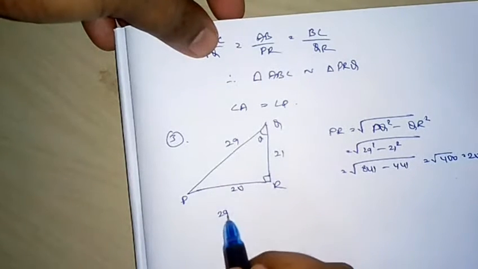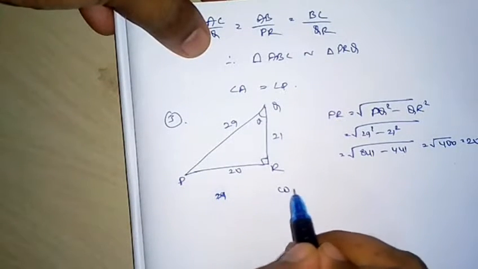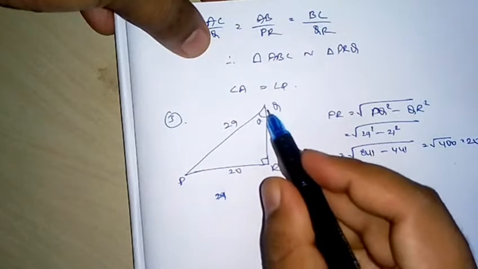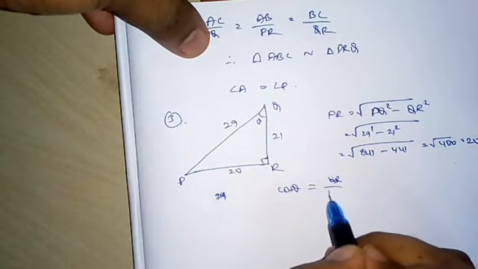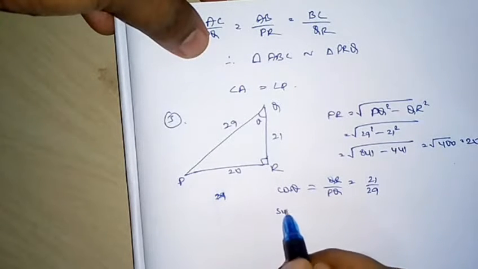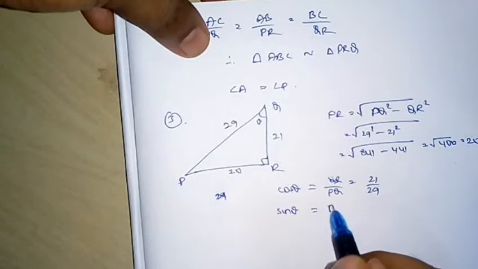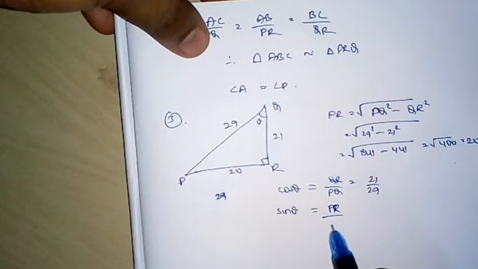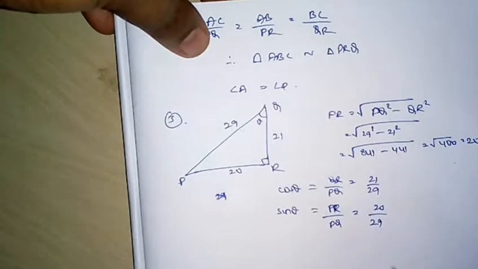So this length is 20. Now we can define cos theta. Cos theta will be adjacent side by hypotenuse. So it will be QR by PQ is equal to 21 by 29. Sin theta will be equal to opposite side PR by hypotenuse PQ. It will be 20 by 29.